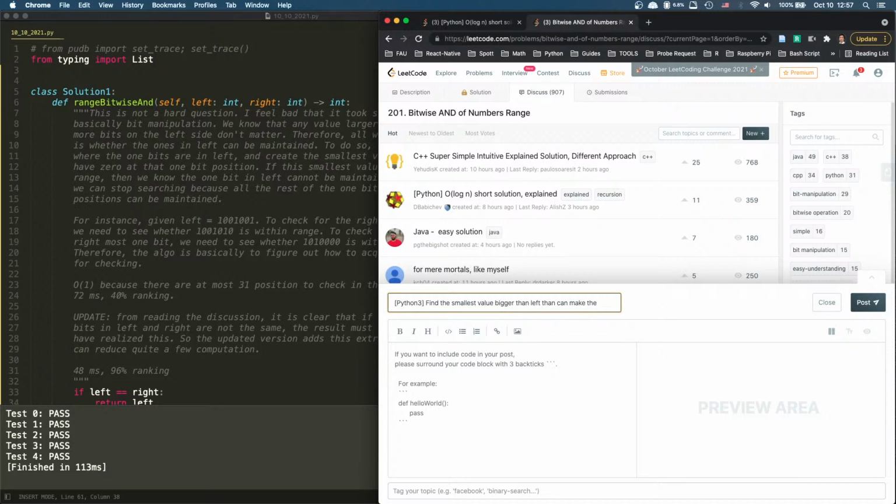Wow, that's a long title. Find the value that can make the 1 bit in left become 0.